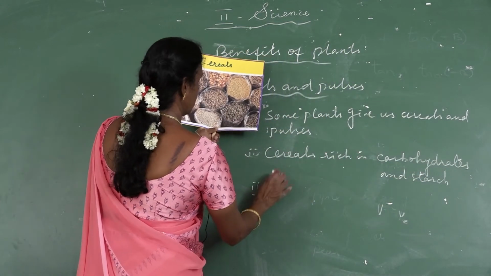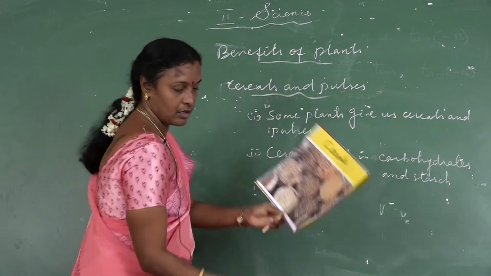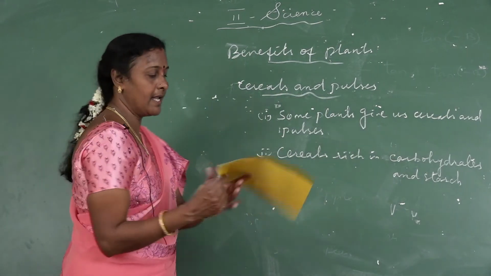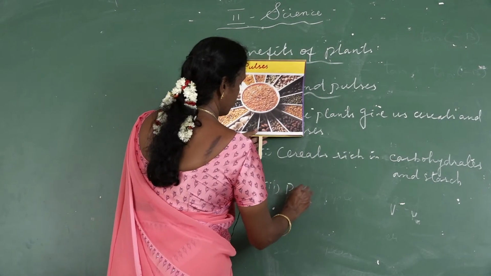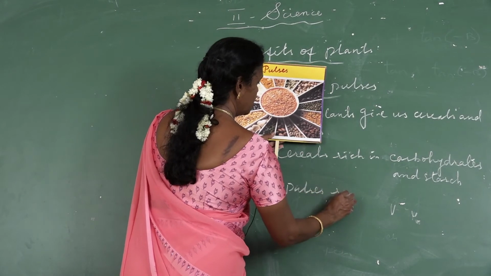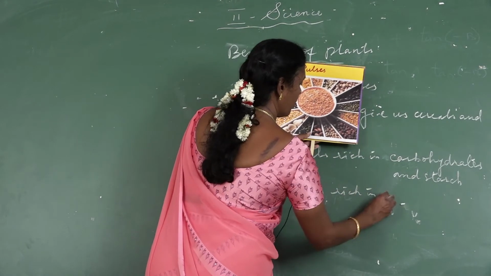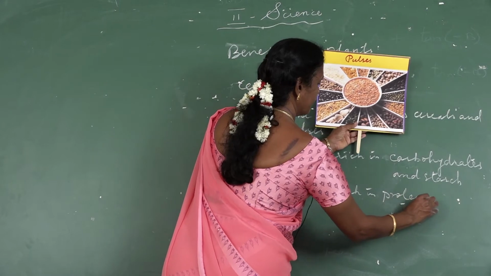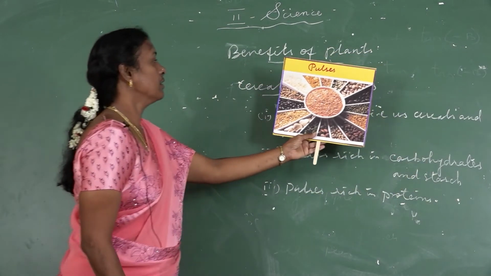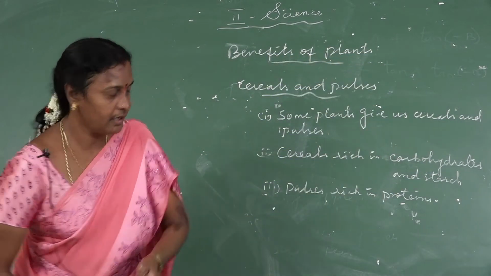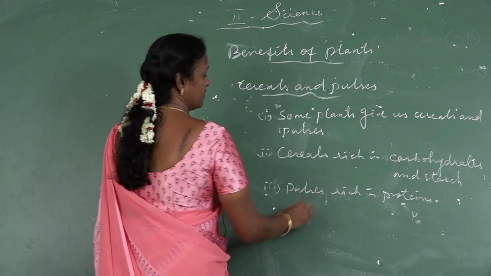Pulses are rich in protein. What is the example of the cereals?